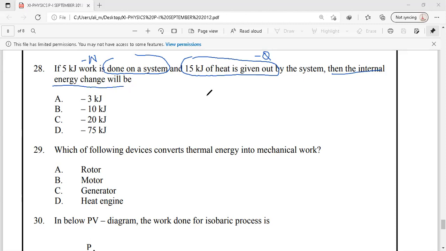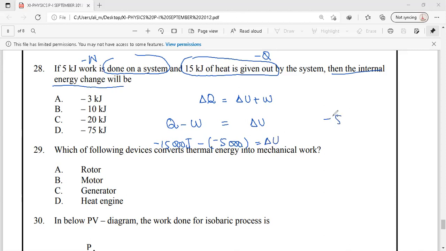Using the first law of thermodynamics, the heat absorbed or released by the system is equal to the change in internal energy plus the work done by the system. So delta U equals Q minus W. The value of Q we have is negative 15,000 joules, and the work done is negative 5,000 joules.